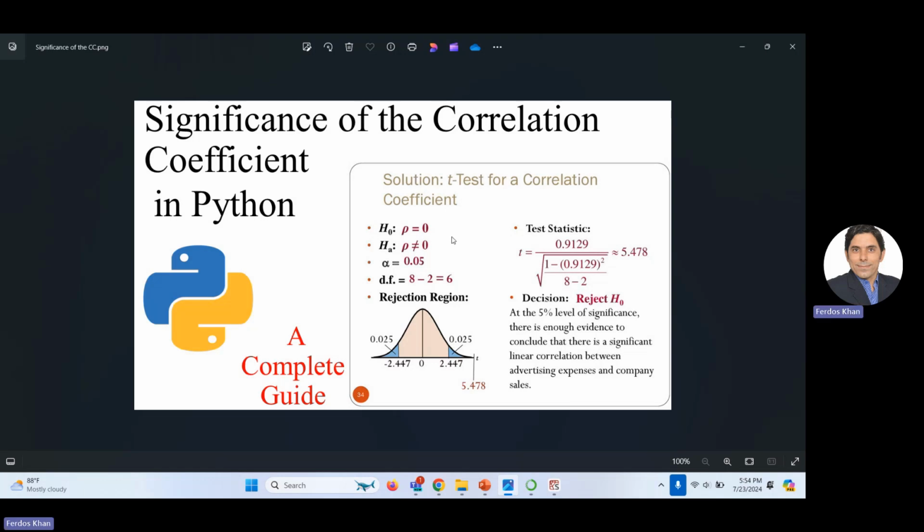One other thing, we are testing whether the population correlation coefficient is equal to 0 based on the sample correlation coefficient. And I will explain a little more about sample and population. Suppose you are interested to test whether the correlation between students who study BE statistics, between their co-curricular activities and CGPA, is 0.